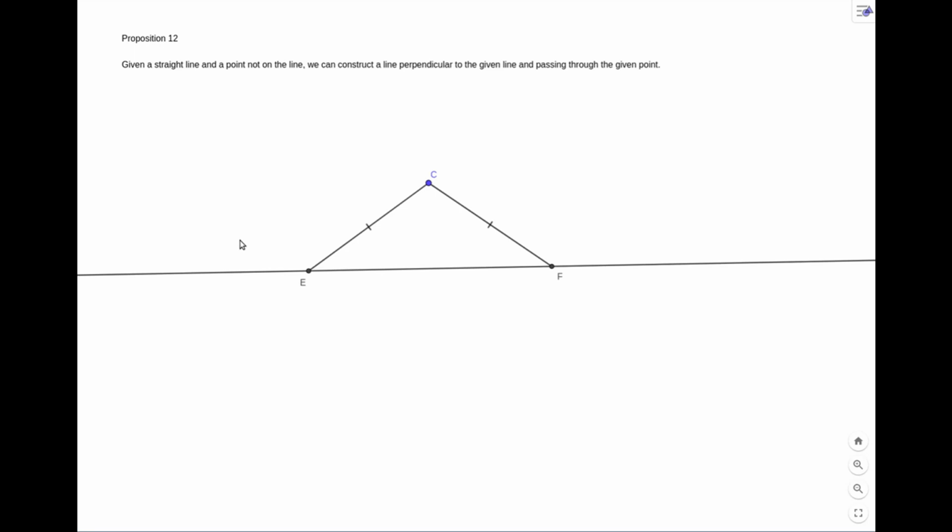Now from proposition 10, we know that we are able to bisect a line segment.